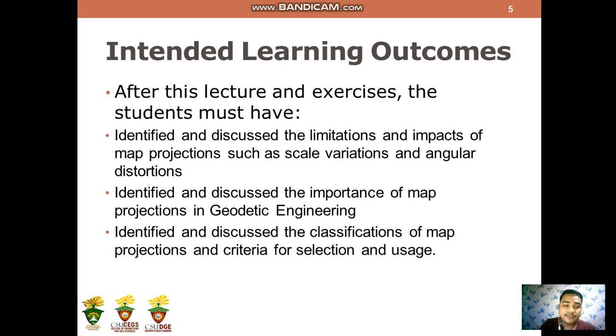Next is to identify and discuss the limitations and impacts of map projections such as scale variations and angular distortions, identify and discuss the importance of map projections in geodetic engineering, identify and discuss the classification of map projections and criteria for selection and usage.